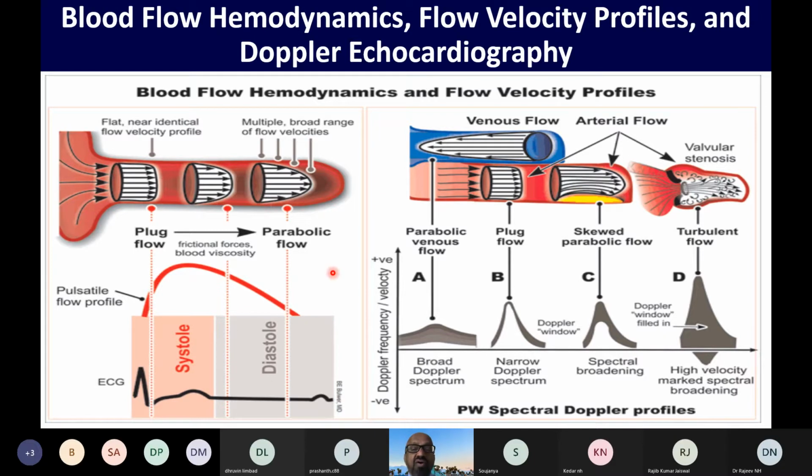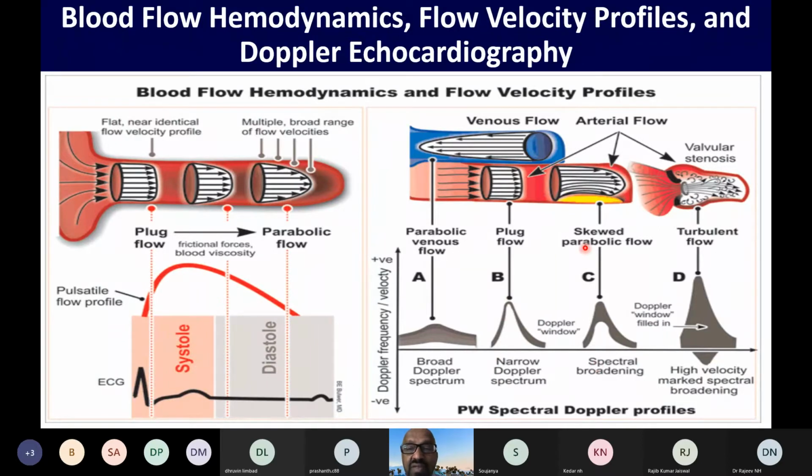If you look at the pulse wave spectral Doppler, if it is a venous flow, which is a very low velocity flow, you get a broad Doppler spectrum. But as the flow increases, for example in the aorta, because of the plug flow, you get a narrow Doppler spectrum. Here the spectrum is broad, whereas here it is narrow.